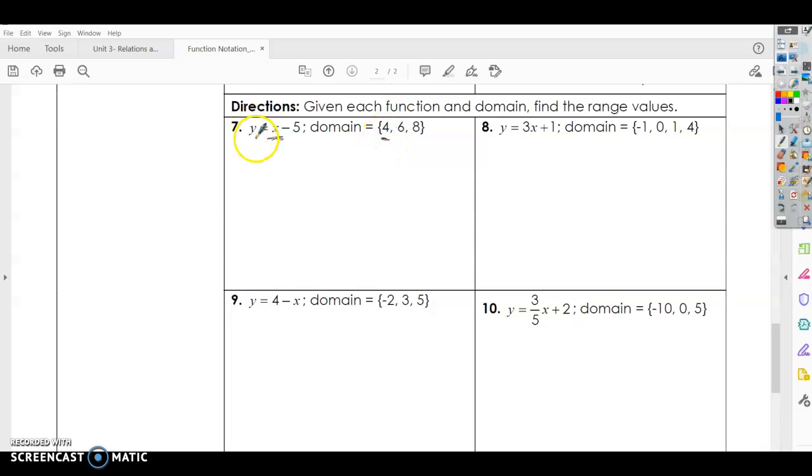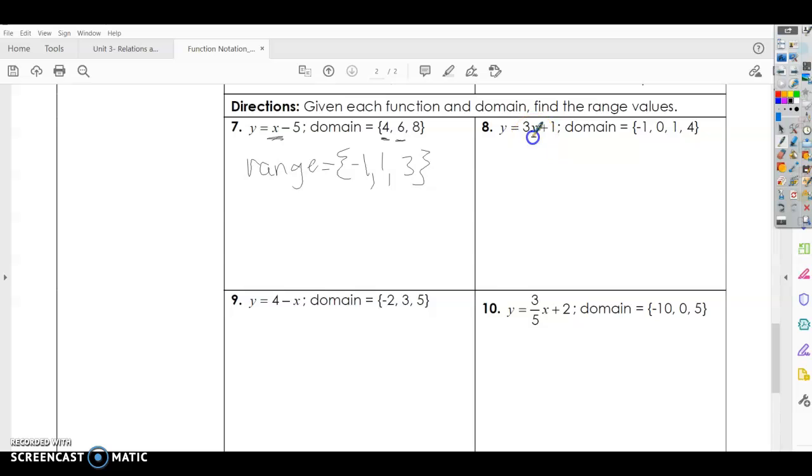So we're going to go y equals, remember y is our range, so we're looking for our range. And 4 minus 5 is -1. And take 6, the second number here, plug it in. 6 minus 5 is 1. And take 8 minus 5 is 3. So our range is -1, 1, and 3.